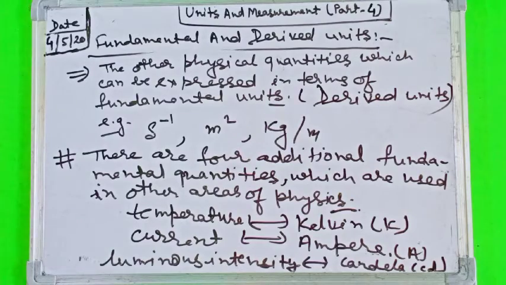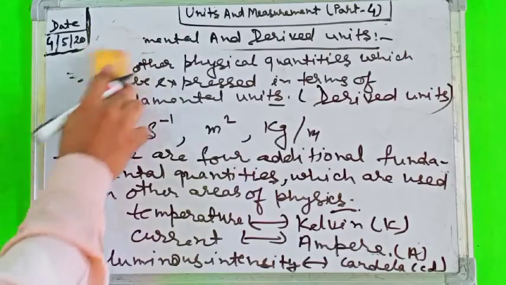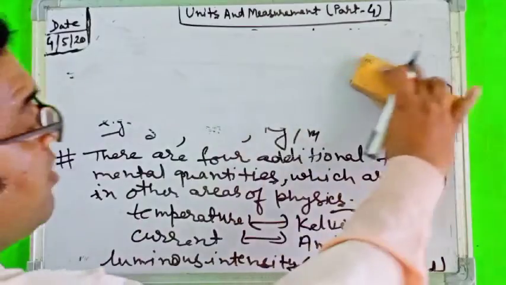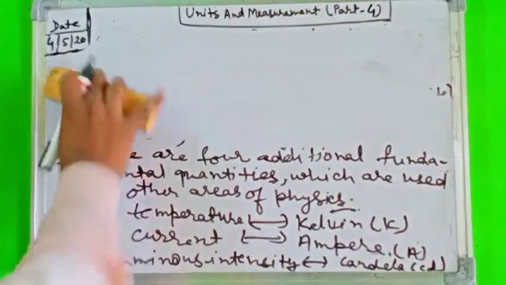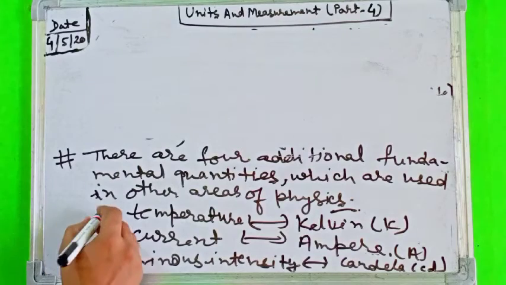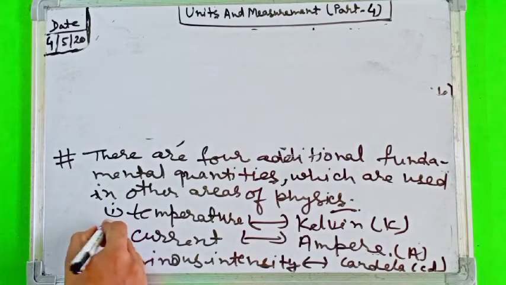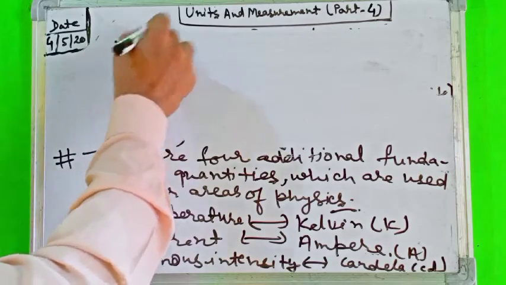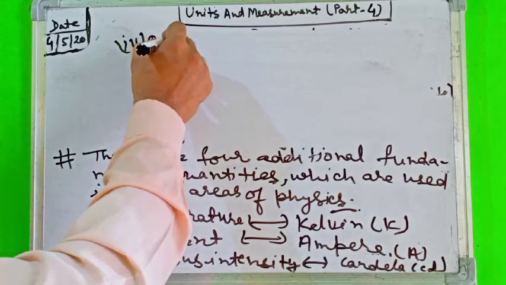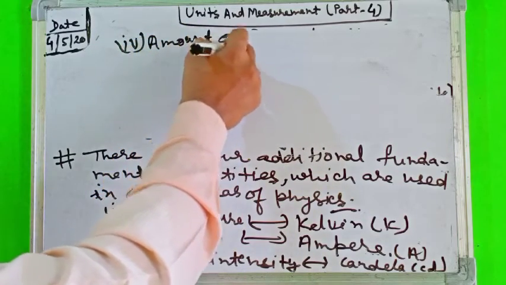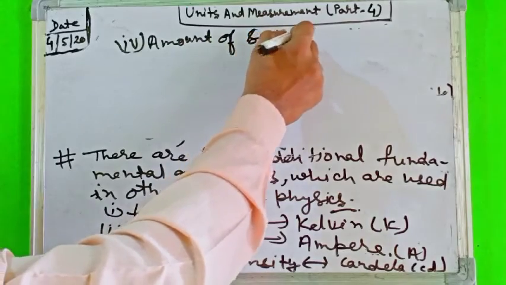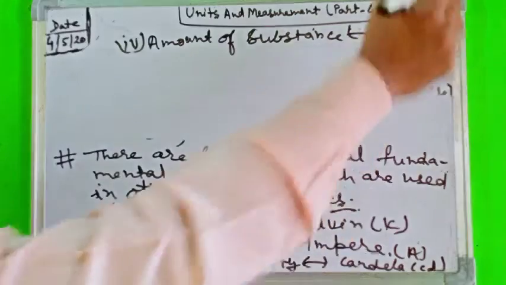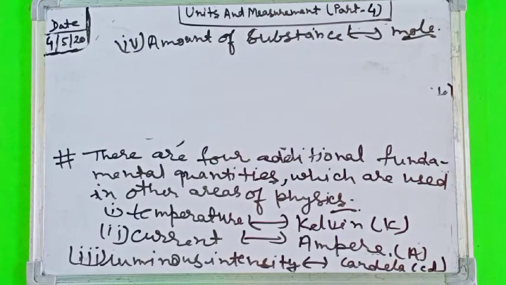And the last one is amount of substance, which is used to measure the quantity of matter. So first one is temperature, second one is current, third one is luminous intensity, and fourth one is amount of substance, and this amount of substance is called mole.